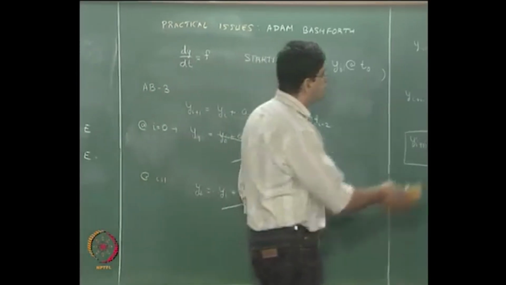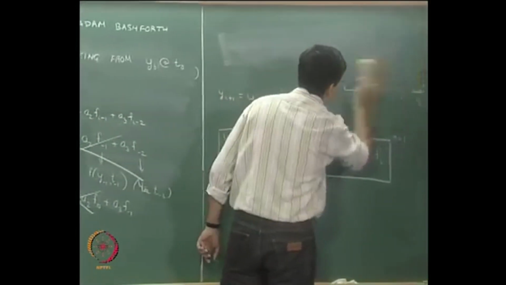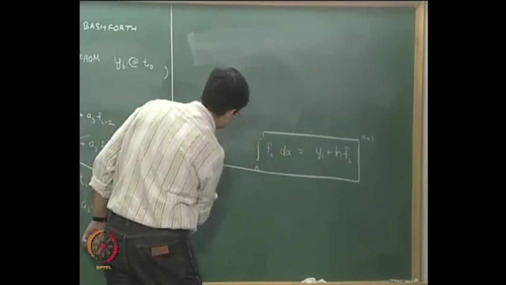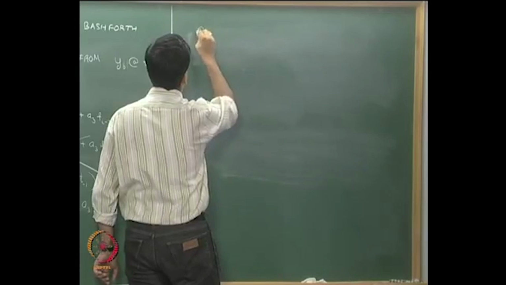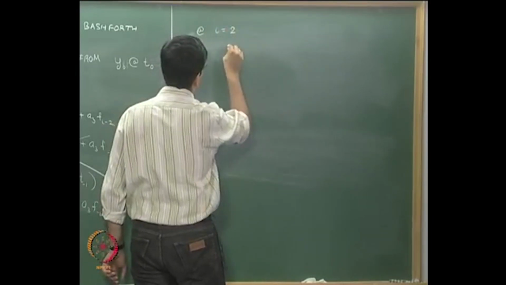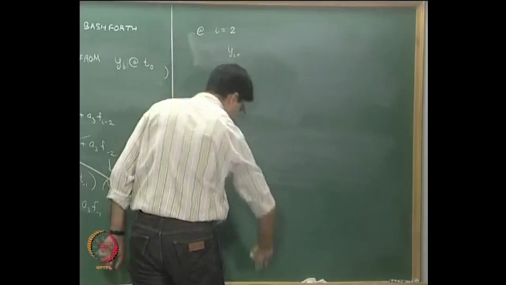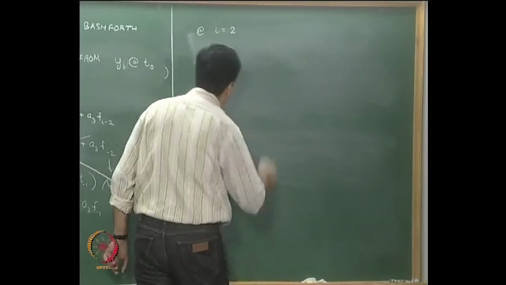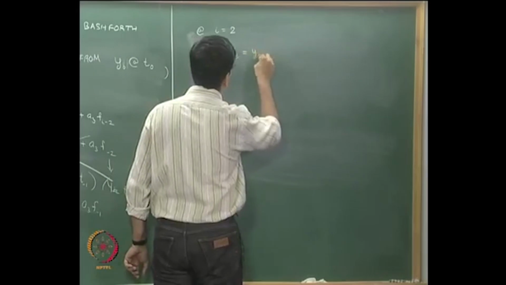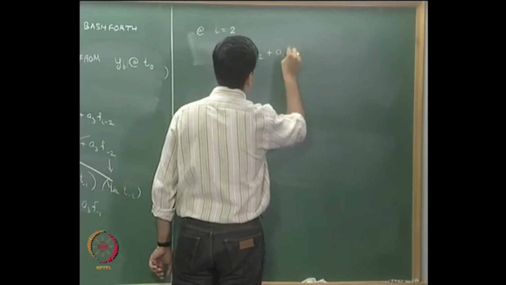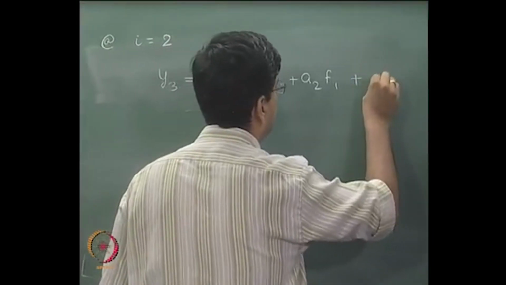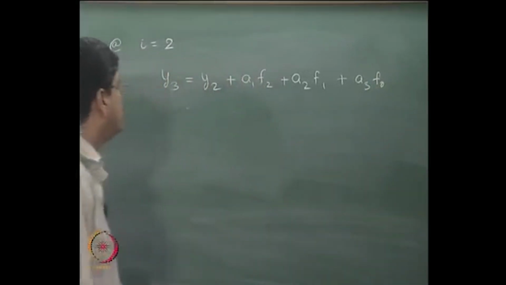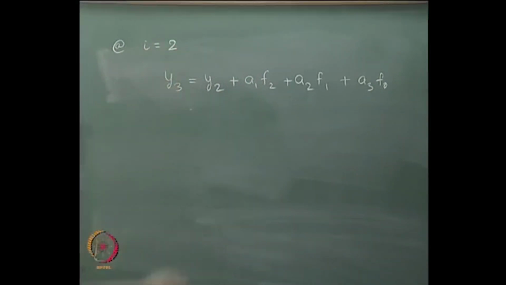At i equal to 2, what happens? At i equal to 2, y3 is going to be equal to y2 plus a1 f2 plus a2 f1 plus a3 f0. Now starting from i equal to 2, we can actually use Adams-Bashforth third order method.